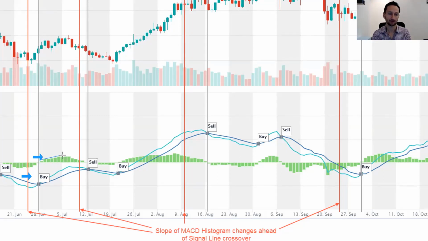nicely rising, until we get to a point where the price, as indicated in this section here, starts flattening out, going sideways. The momentum is stalling, it's diminishing, and that's reflected in the declining MACD histogram bars, right?